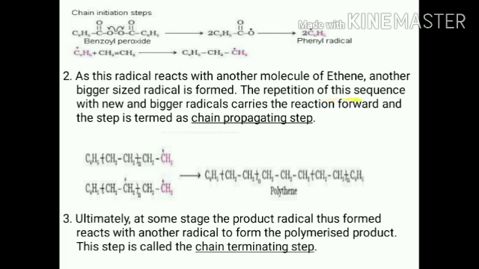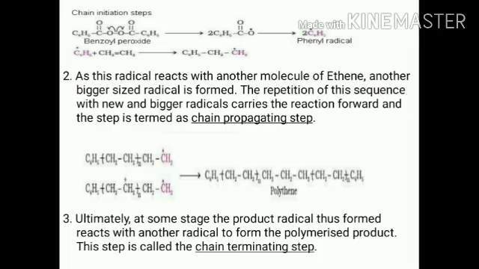The repetition of this sequence with a new and bigger radical carries the reaction forward, and this step is called chain propagation. This free radical combines with the ethene molecule, giving a long chain of alkyl groups, that is polythene.